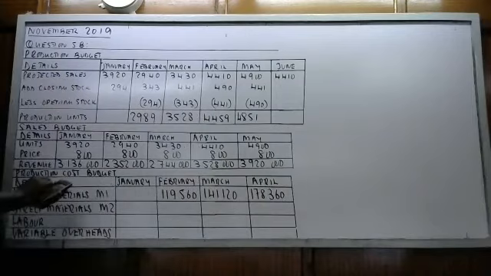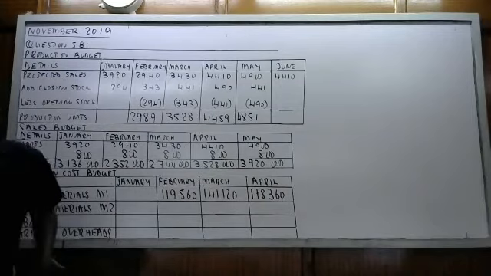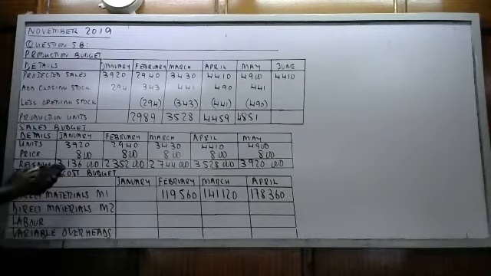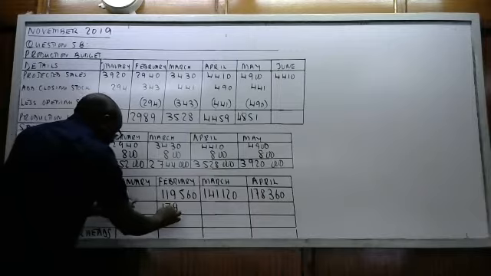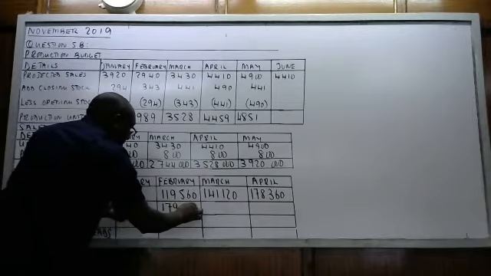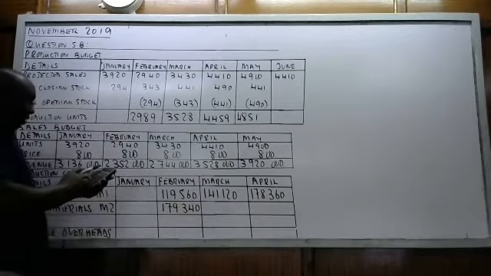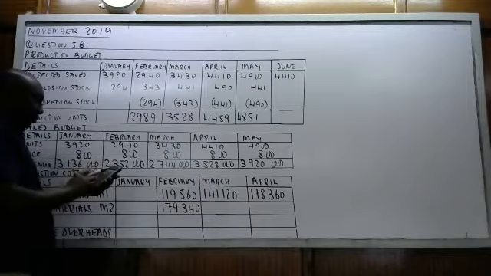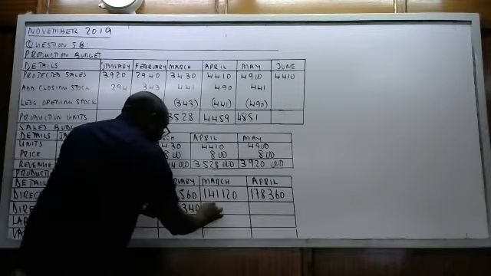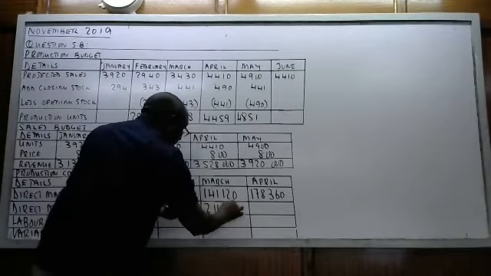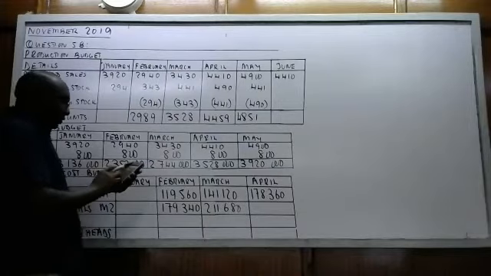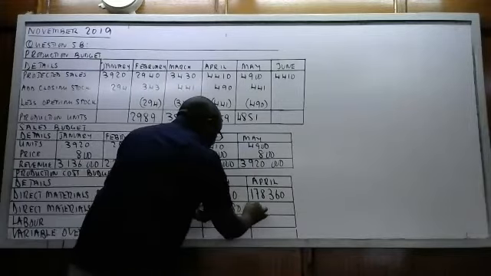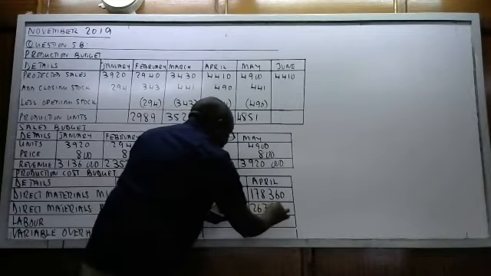Haya, tuende kwa material 2. It is 60 more. So 2989 times 60 is 179,340. 3528 times 60 is 211,680. 4459 times 60 is 267,540.